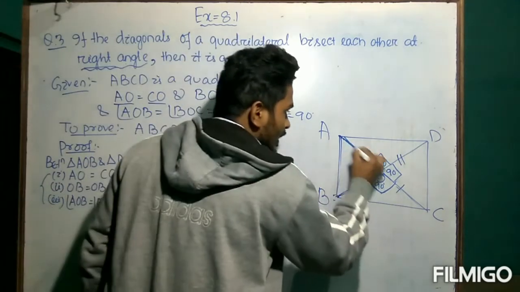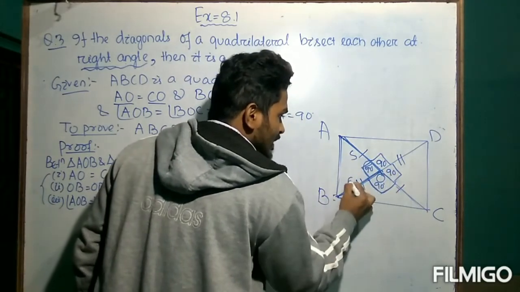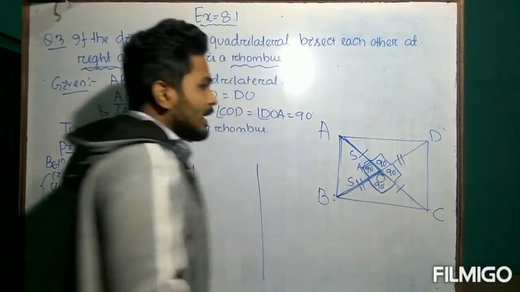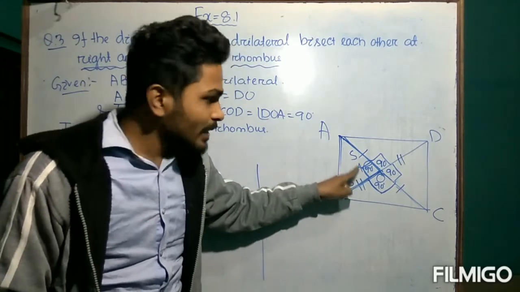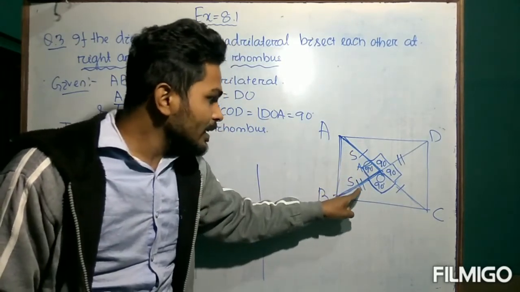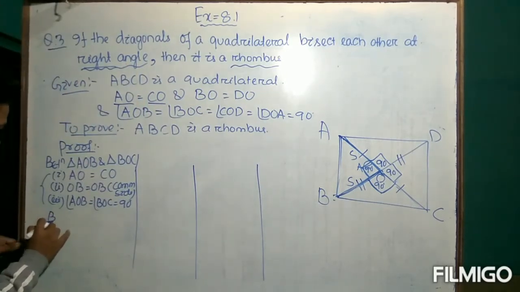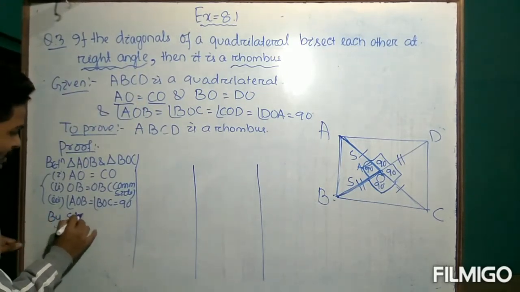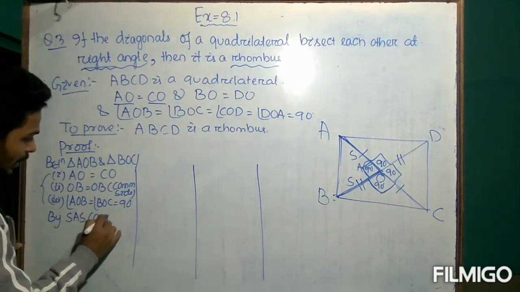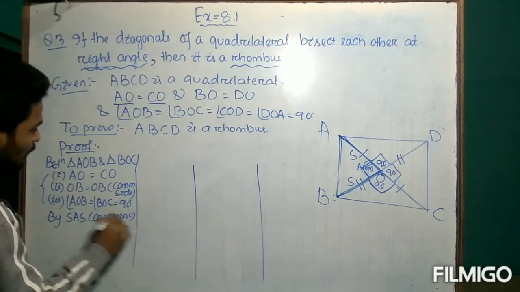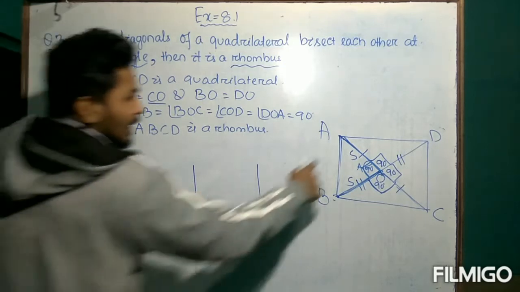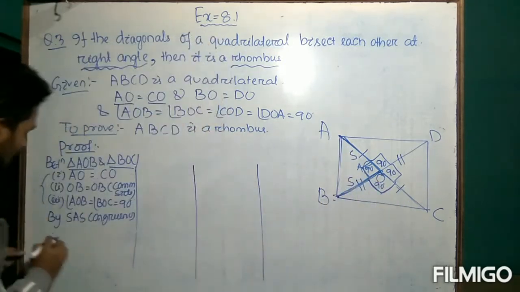Which 3 conditions? Side, another side, and this angle, which is the included angle. So side, angle, side. So by side angle side congruency, we can prove that these two triangles AOB and BOC are congruent.